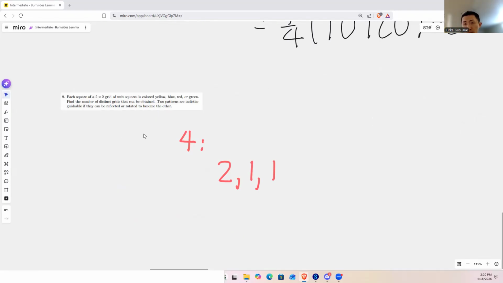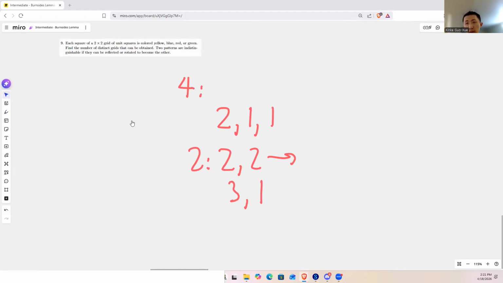If we have two colors, then we could have two of one and two of another, or we could have three of one color and one of another. And we could also have one color.